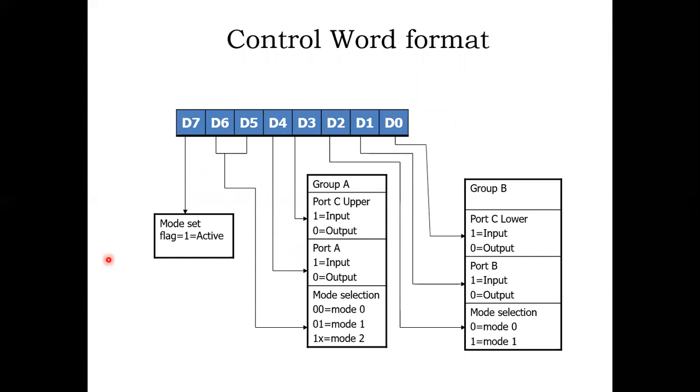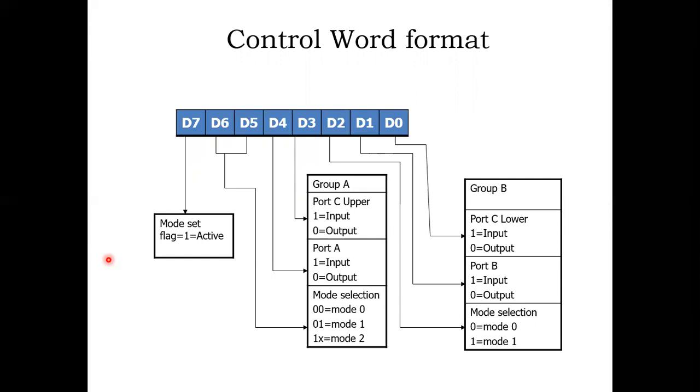So we will again see the control word format in detail. First, how to select the control word format: if A1 and A0 values are 0, 1, it will select the control word register.